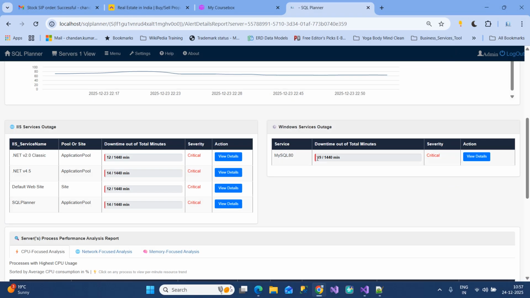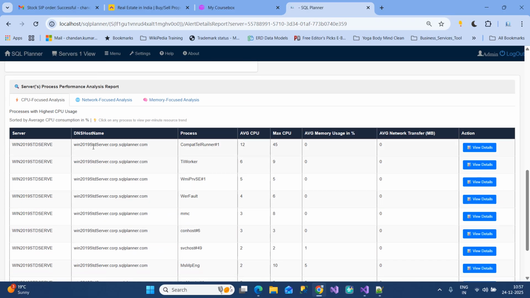And here also you see the same. When you come down, you see a list of processes that consumed a specific amount of CPU, memory, and details. So these are the services.